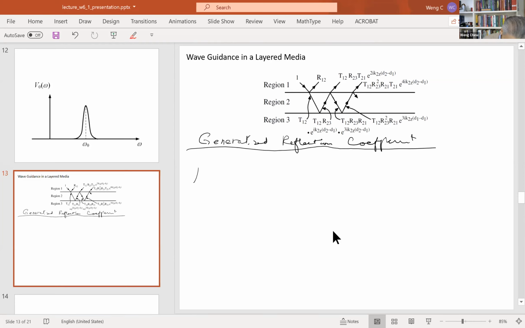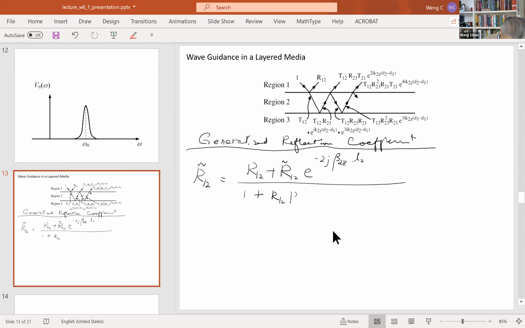Okay, I say that just like transmission line theory, I can define a generalized reflection coefficient that looks like this: one plus R12 R23 tilde e to the minus 2j beta 2z L2.